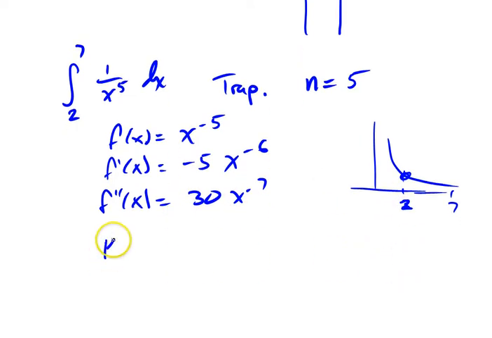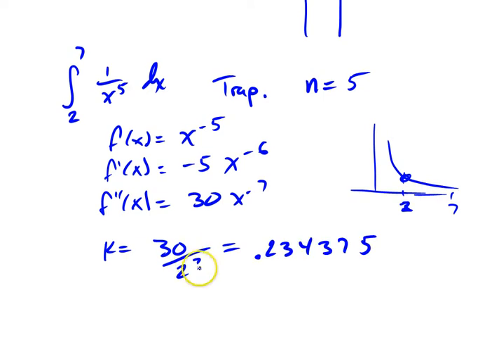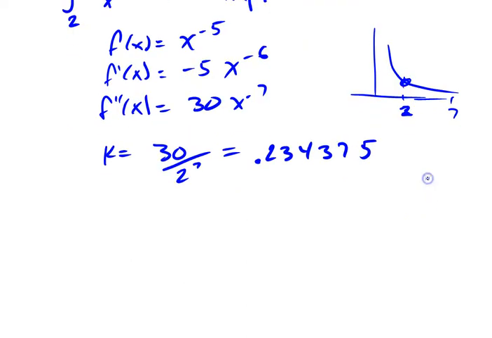So I want K to equal 30 divided by 2 to the 7th power. Well, 30 divided by 2 to the 7th is 0.234375. That's exact.